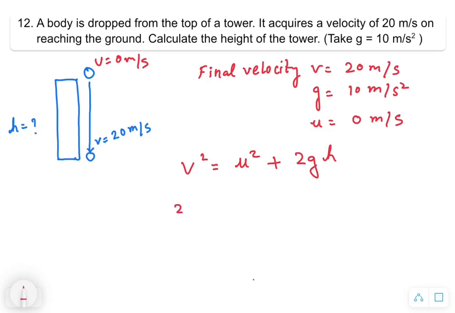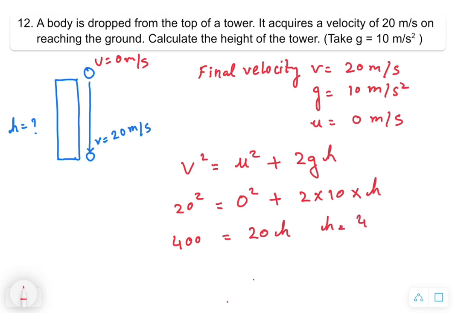V is 20, so 20 square equal to 0 square plus 2 multiplied by 10 meters per second square multiplied by h. 400 equal to 20h. H would be 400 divided by 20.